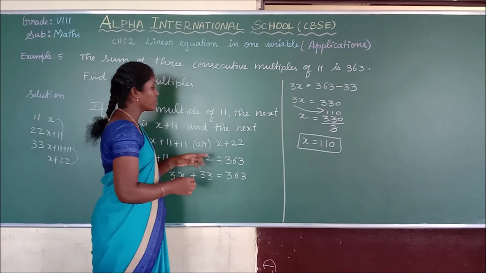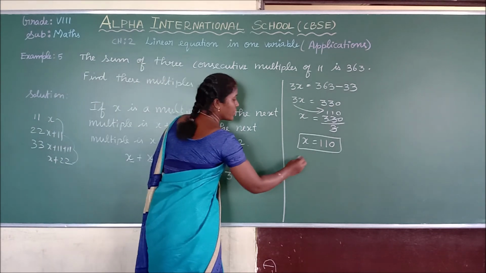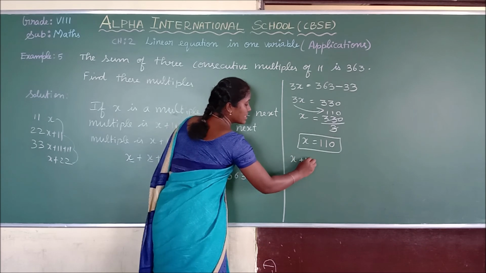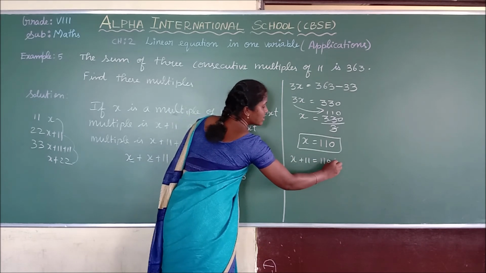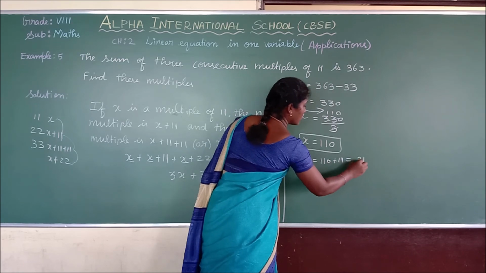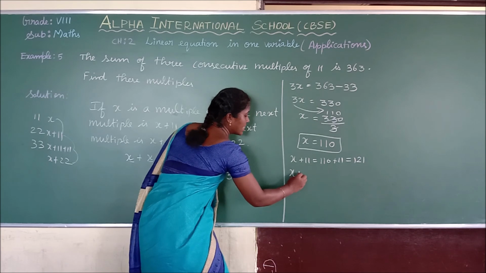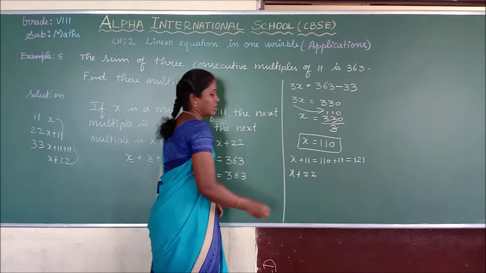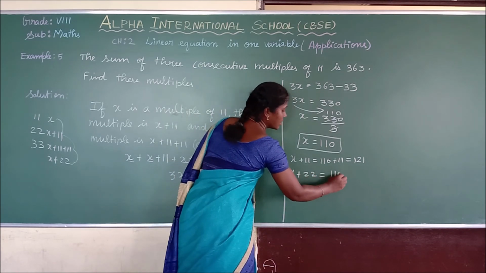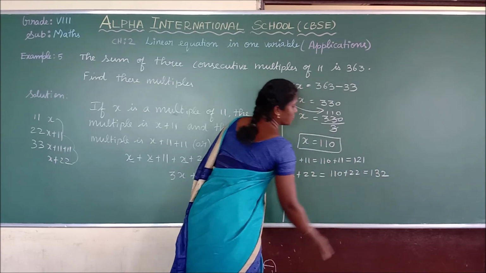What about the other two numbers? The next consecutive number, x plus 11. So x is equal to 110. If x plus 11, you have to add 110 plus 11. What is the value? 121. The next number, x plus 22. What is x here? 110 plus 22, which is equal to 132.